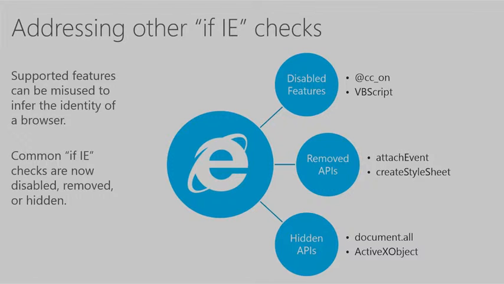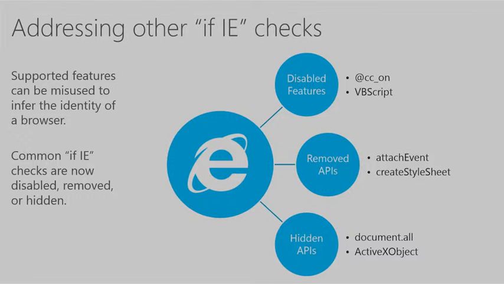One of these is conditional compilation itself, much like conditional comments were disabled in a previous release. The legacy attachEvent API, which has since been replaced with the standardized addEventListener, available since IE9, has also been removed. And even things like document.all have been updated to return false within an if check, even though the API is still available to access the properties on directly.